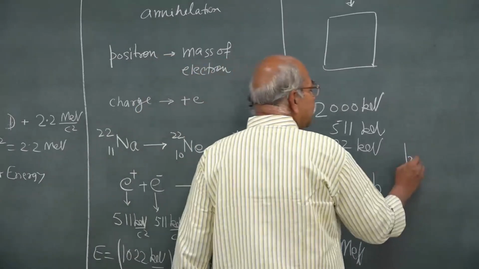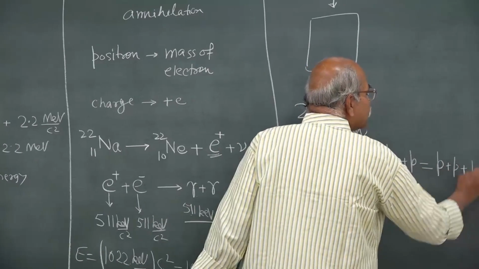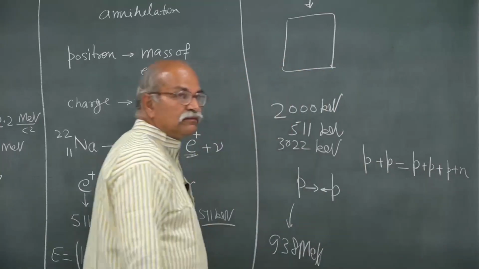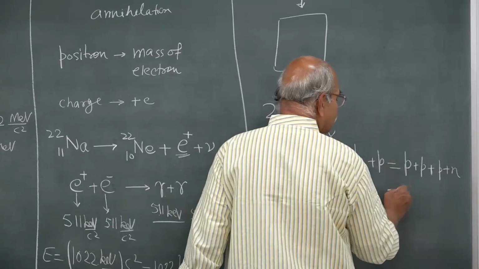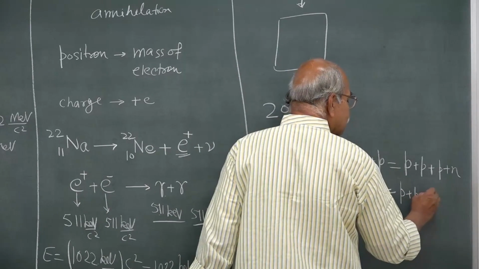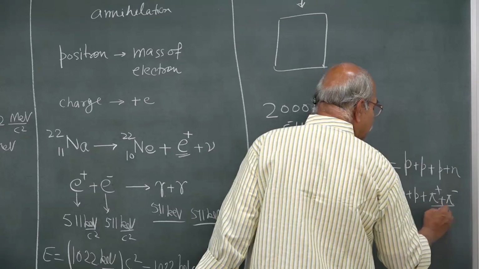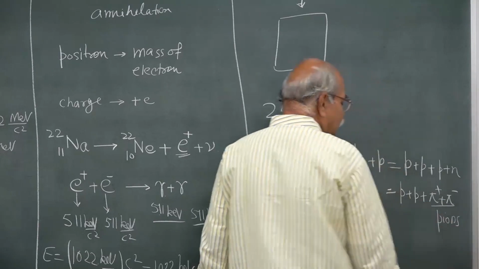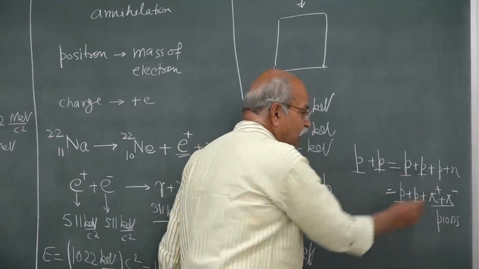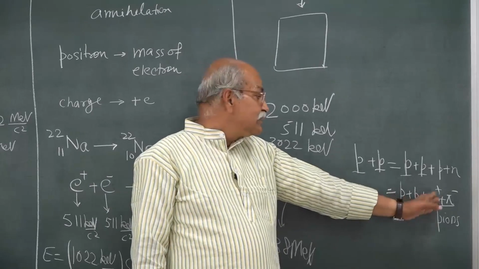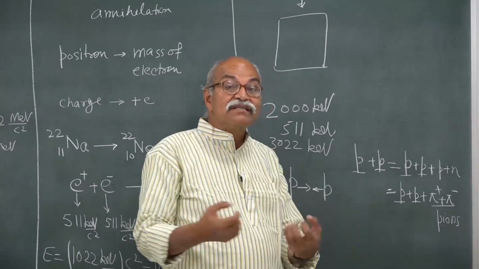So, you can have P plus P going to P plus a new particle, maybe P plus N, a new proton, a new neutron, or a deuteron, or some gamma, or mesons, pions, pi plus, pi minus, these are called pions. Neutral pions are also there. So, the original protons are there and new particles have been created from the kinetic energy which they had before the collision.